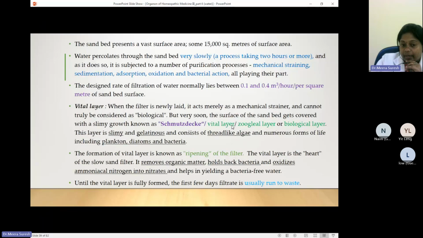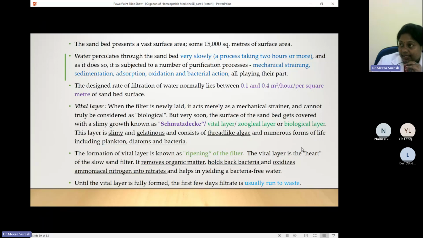The vital layer, or biological layer, or Schmutzdecke, is also called the heart of the slow sand filter. Unless this layer is formed, it can't be called a slow sand filter. When in some water treatment area they have laid down a slow sand filter and started passing the water through it, it will take some days, 1 week or 10 days, for the biological layer to form.